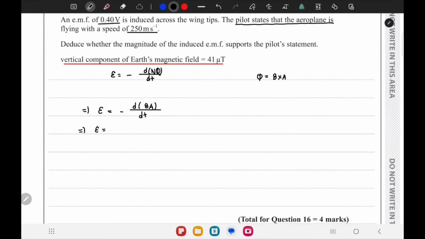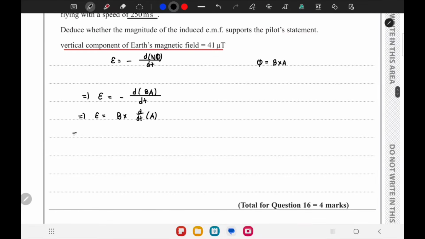We can write it as B times dA/dt, so the derivative of area per unit time times the magnetic field strength. The field strength is 41 microtesla, so 41 × 10^-6. And the derivative of area with respect to time would be the width of the wingtips multiplied by speed.